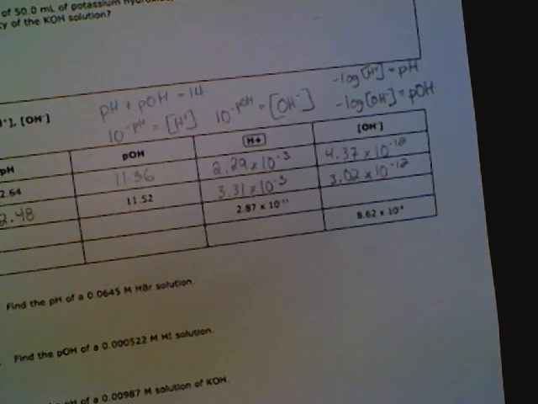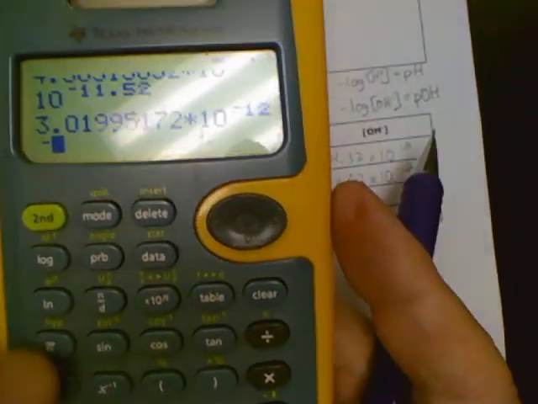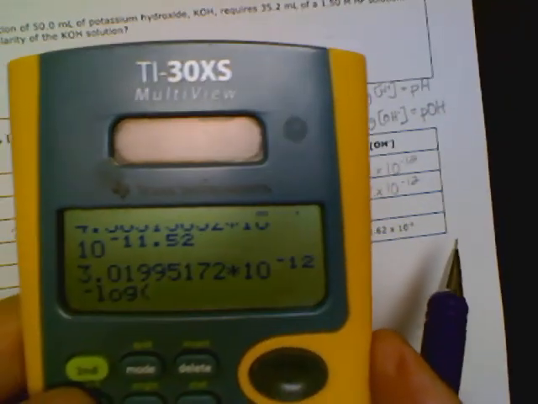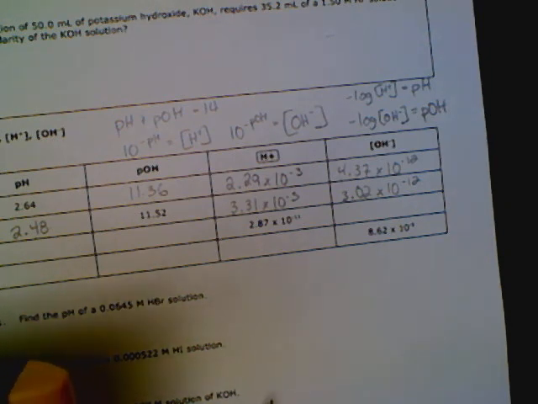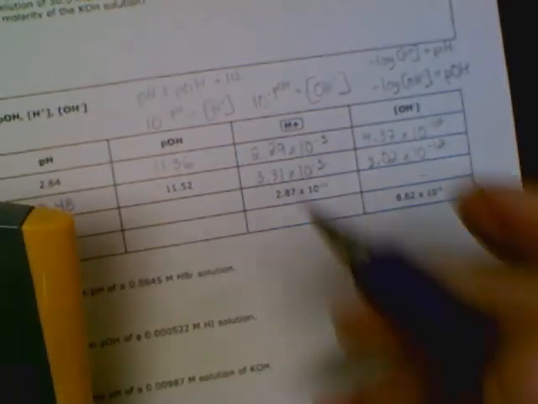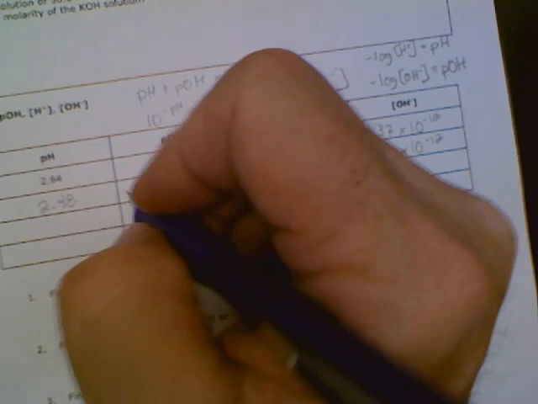So I'm going to take the negative log of 2.87 times 10 to the negative 11th power, and I'm going to get 10.54 as my pH.